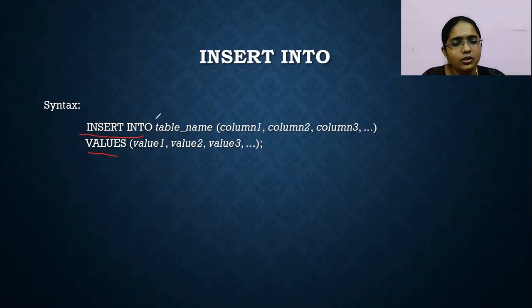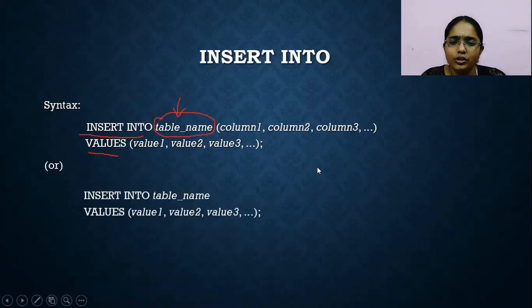Apart from this, table name is a table name. Whatever you have created, that is the table name you are supposed to specify here. If you are going to insert values for the employee table, you are supposed to mention insert into employee, followed by whatever columns you have specified there, followed by values, and whatever values you are trying to initialize for the first column, second column, third column, you are supposed to specify here. This is all about this insert command.